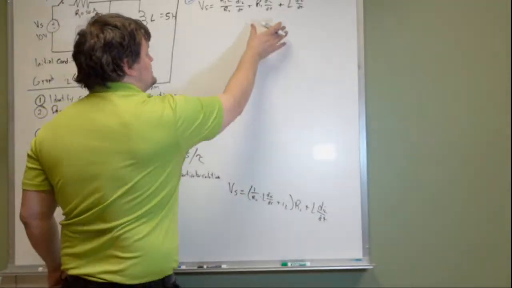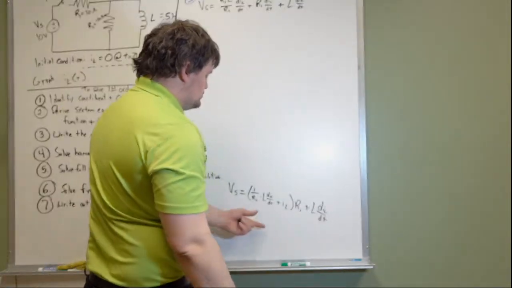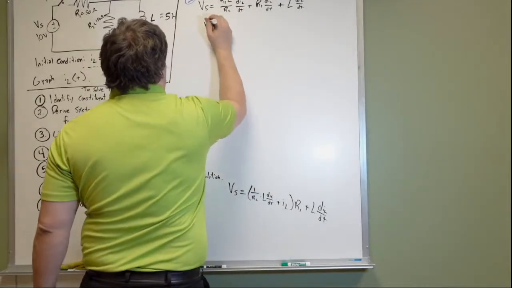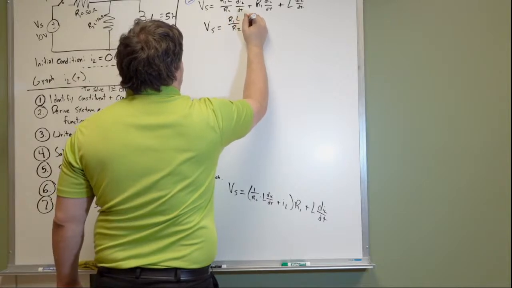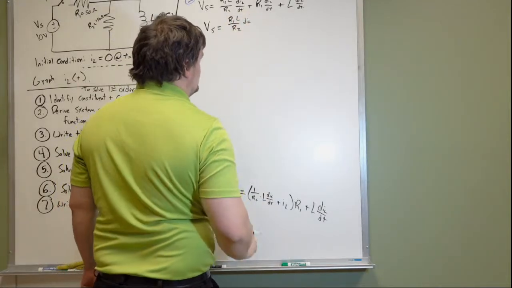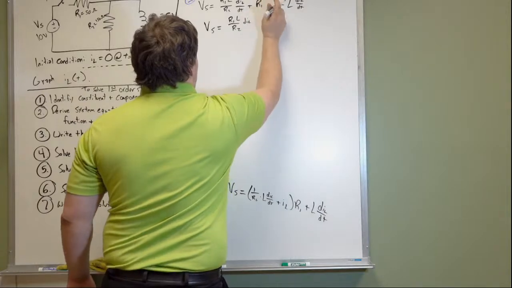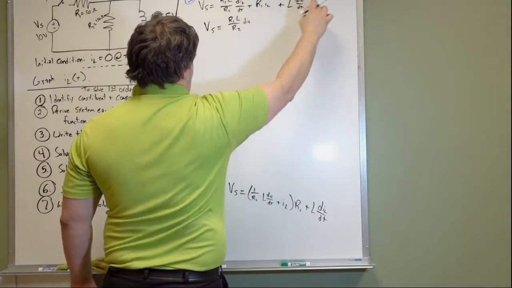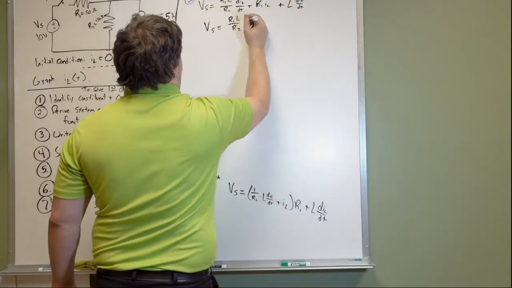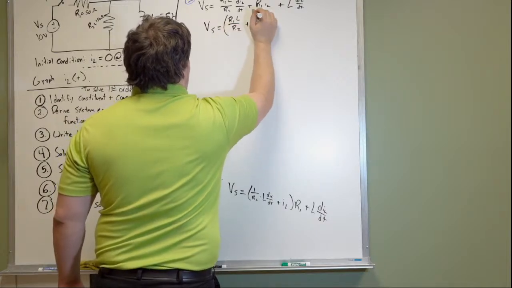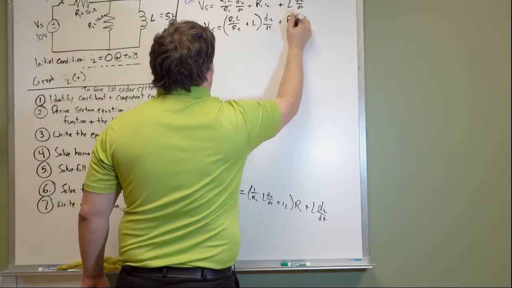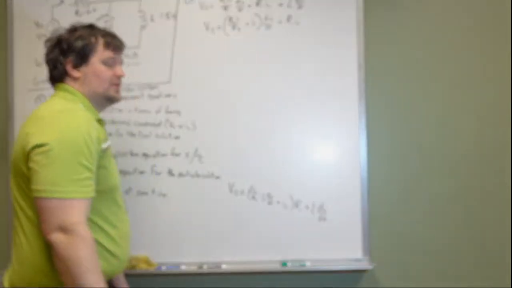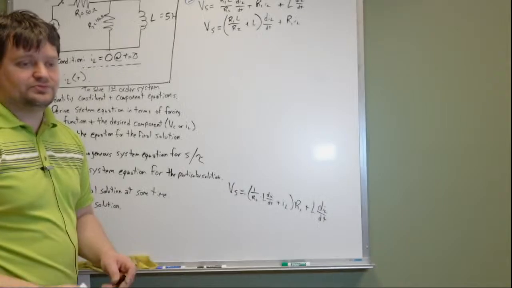We can combine these two. And then we get Vs is equal to R1L over R2 dIL/dt plus L dIL/dt plus R1 IL. We're combining those two. My bad.